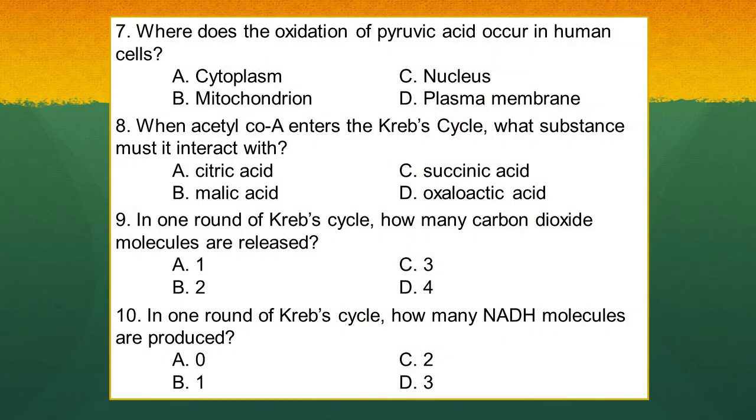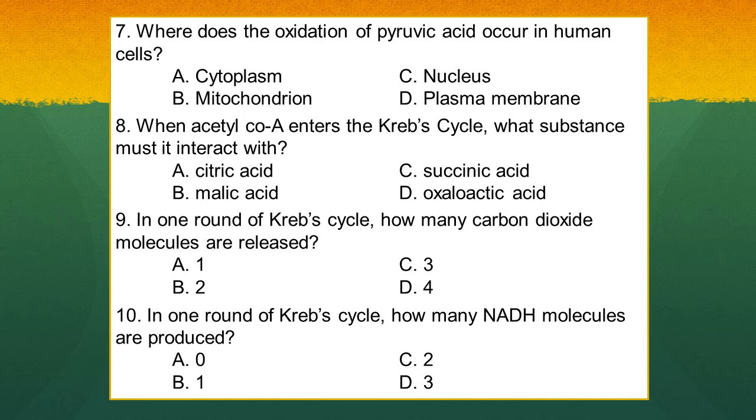Number 7. Where does the oxidation of pyruvic acid occur in human cells? A. Cytoplasm, B. Mitochondrion, C. Nucleus, D. Plasma membrane. Number 8. When acetyl-CoA enters the Krebs cycle, what substance must it interact with? A. Citric acid, B. Malic acid, C. Succinic acid, D. Oxaloacetic acid.